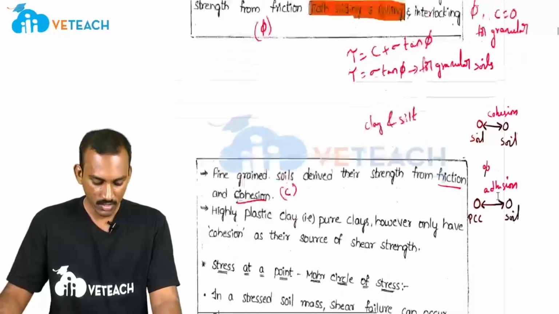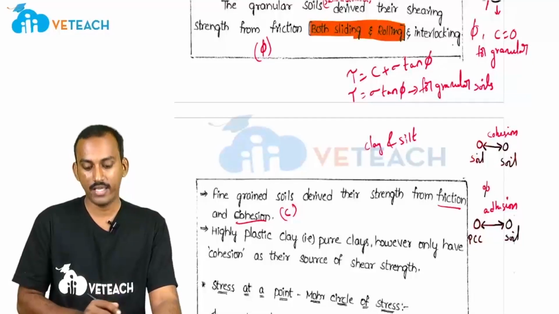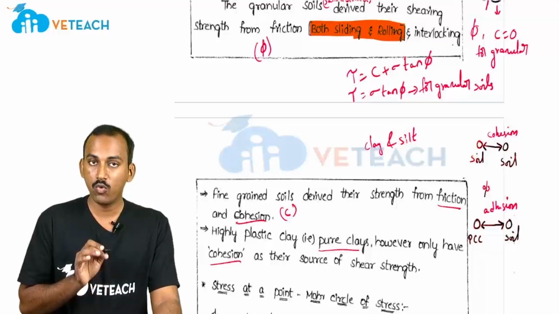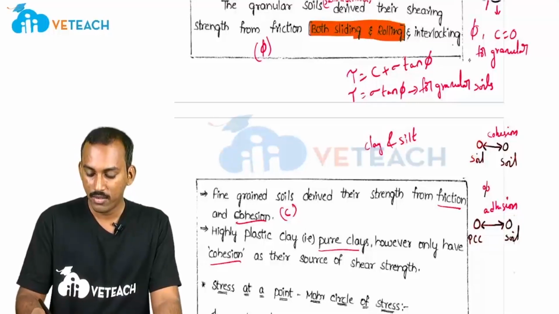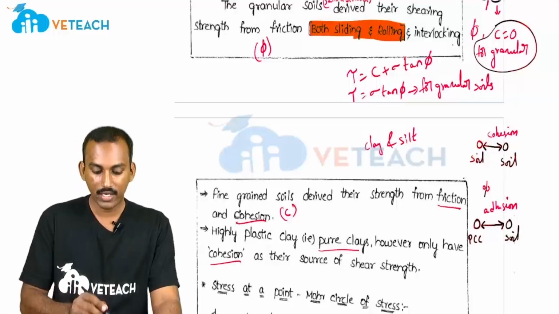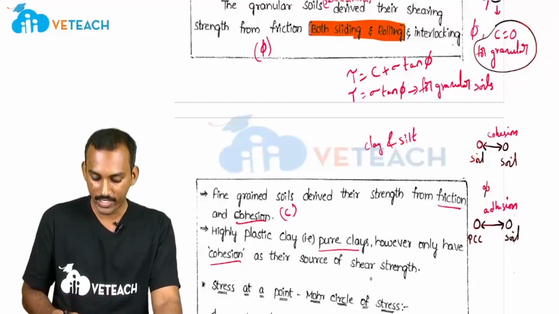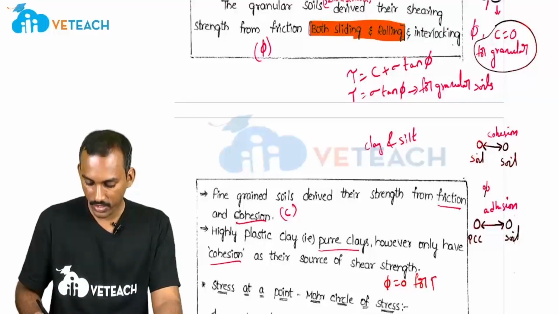Okay, and for example, highly plastic clays or pure clays have only cohesion as their source of shear strength. In case of coarse grained soils, what we discussed, C is equal to 0, right? C is equal to 0 for coarse granular soils. Similarly, in case of highly plastic clays or pure clays, phi is equal to 0.